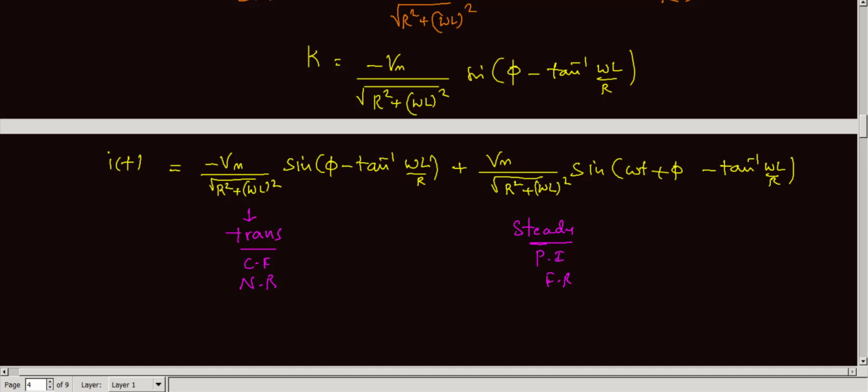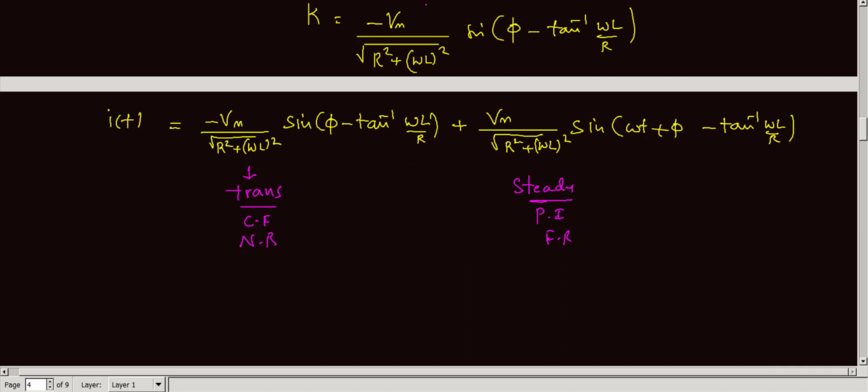If you see here, I want this transient term to be 0. When will this happen? When this term equal to 0, the transient term is 0. The exponential cannot be 0, so sine must be 0, which means the phase is equal to 0.